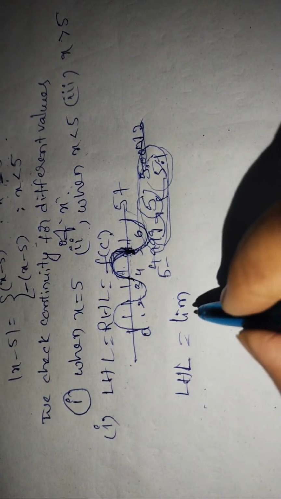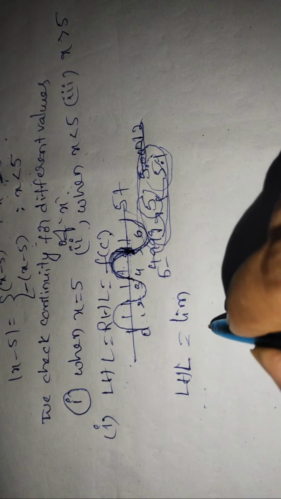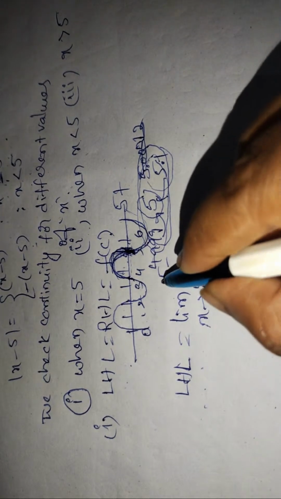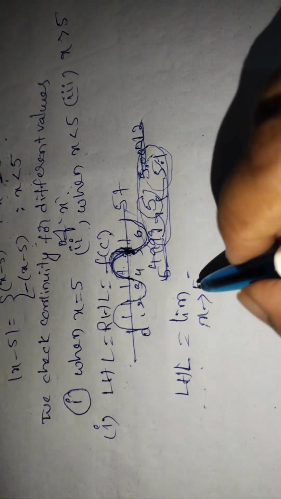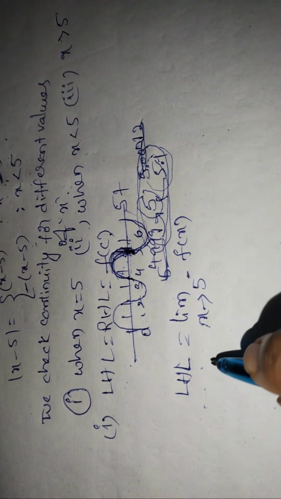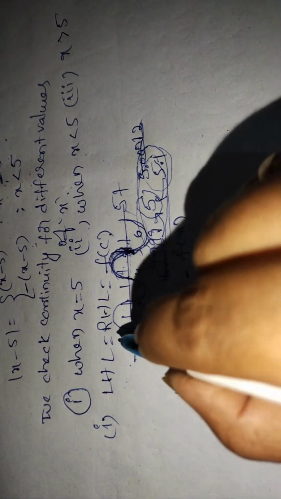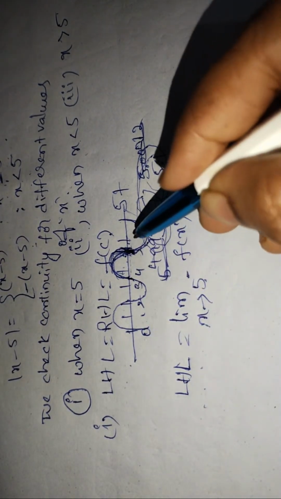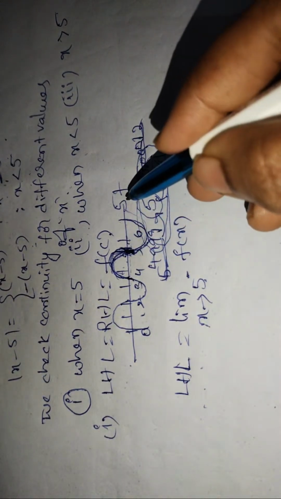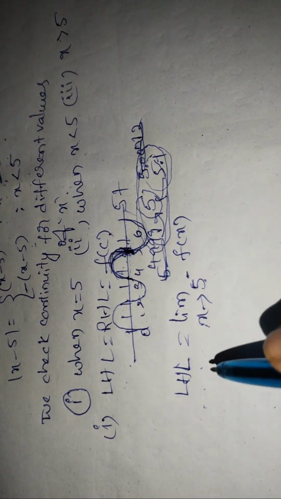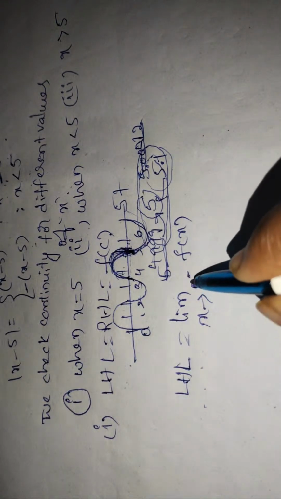So based on this, I will make the formula: limit x tends to 5 minus of f of x. So this is LHL. Suppose I want to write RHL, the same we will write, but here we take 5 plus. Why? Because after 5 is RHL, that is 5 plus for RHL. Here for LHL we are taking 5 minus.